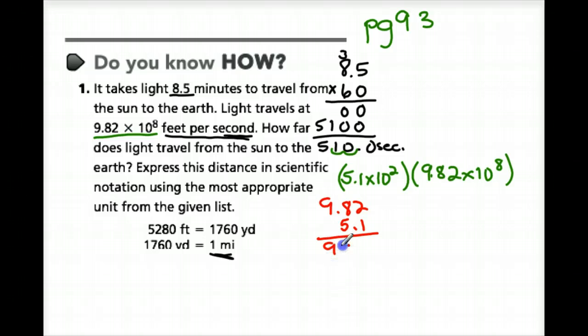So this is 982. This gives me 10, 41. 9 times 5 is 45, plus 4 is 49. This 2 plus 2, 0 is 2, 8 plus 0 is 8. This gives me 10, 10. So that gives me 50.082.